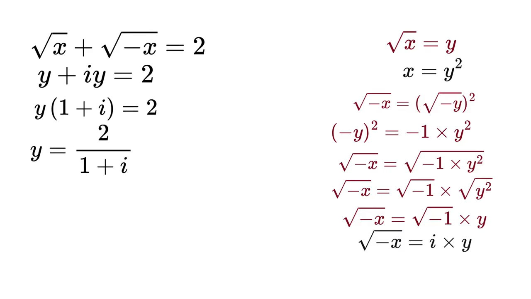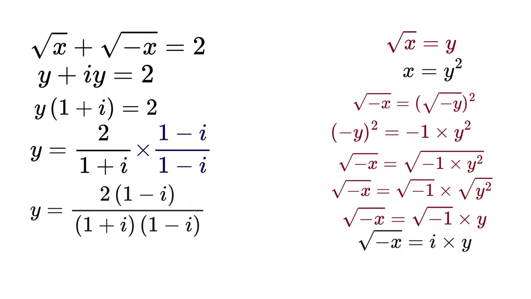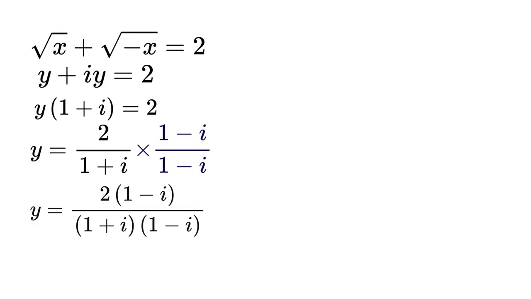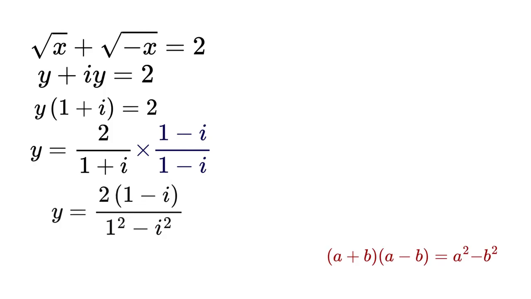Now, multiply 1 minus iota with the numerator and denominator. So it becomes y equals 2 into 1 minus iota over 1 plus iota into 1 minus iota. We have the formula a plus b into a minus b equals a square minus b square. And look at the denominator. It is 1 plus iota into 1 minus iota. It equals 1 square minus iota square.